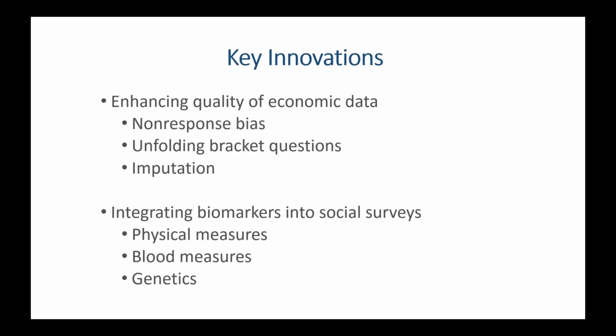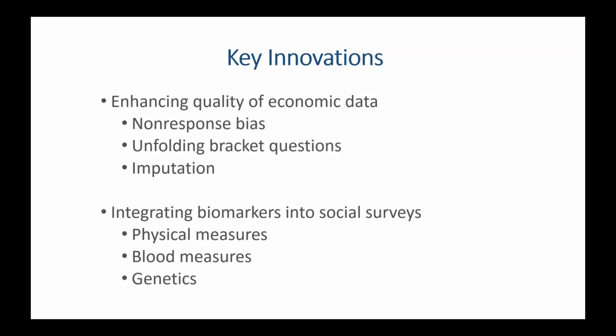There were a couple of key innovations, and I'll just briefly go through these for these surveys. One is enhancing the quality of economic data, and they did this by integrating unfolding bracket questions into the economic questions, and then they provided imputations for those, and we'll talk more about that.